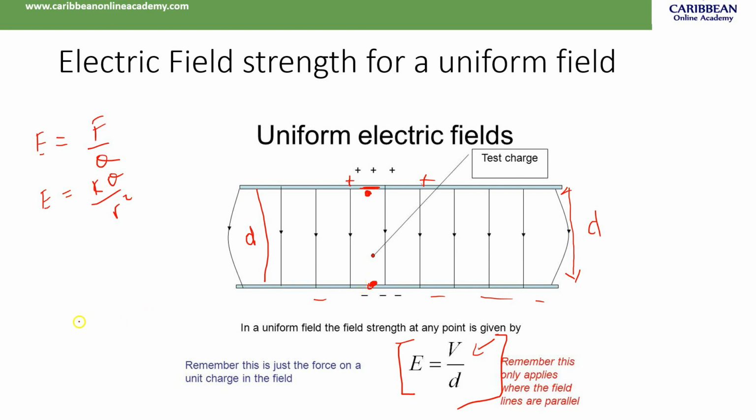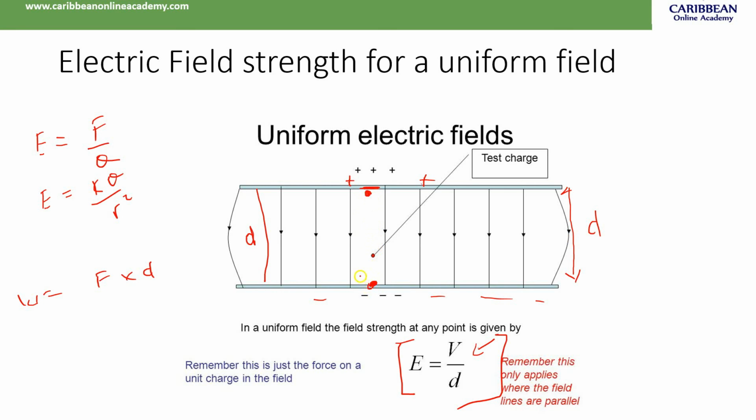And from day one, we can recall that work is equal to force times distance. So we can find the work by multiplying the force by the distance the charge actually moves. So that's one way of finding the work.